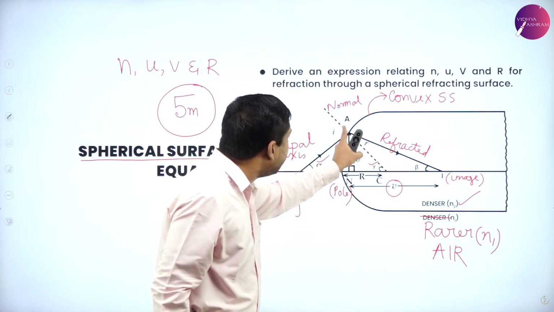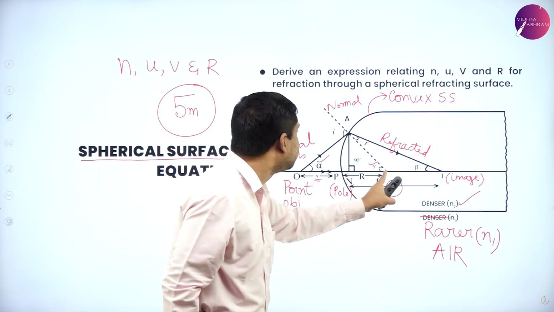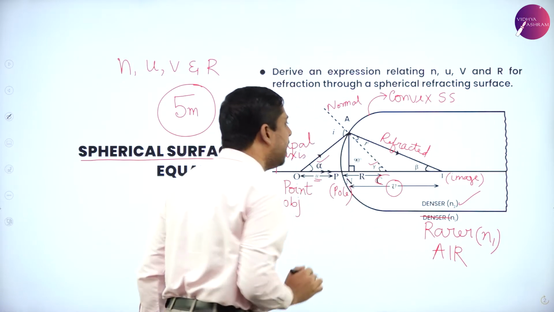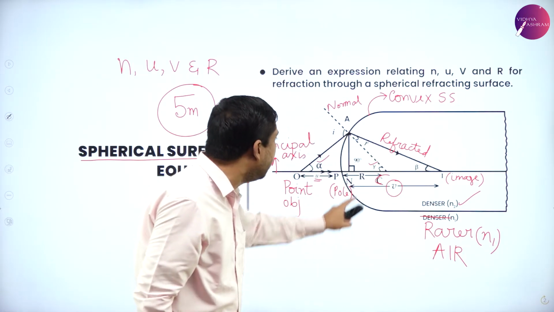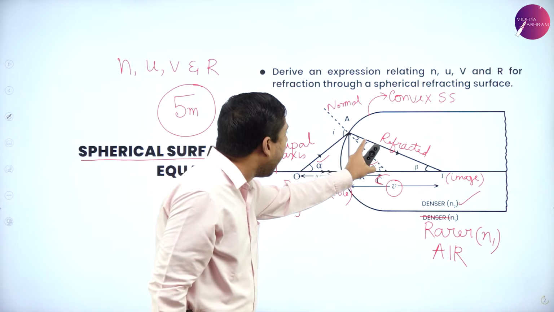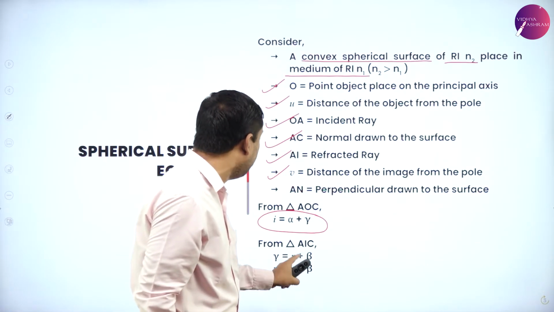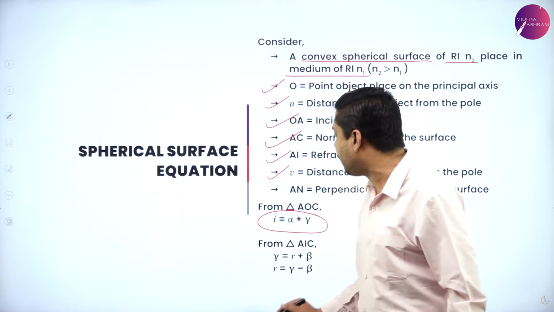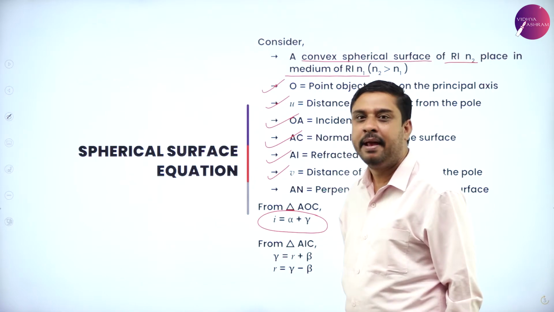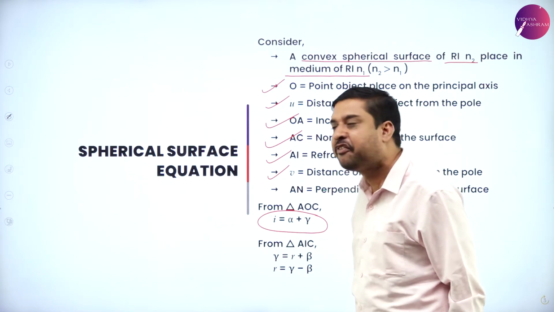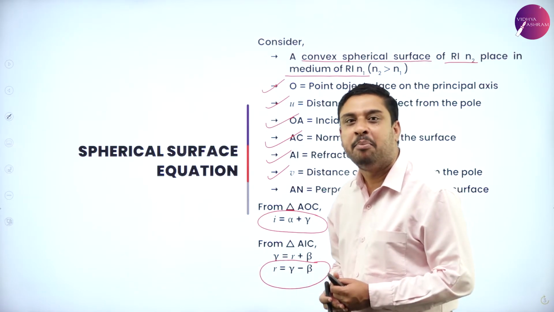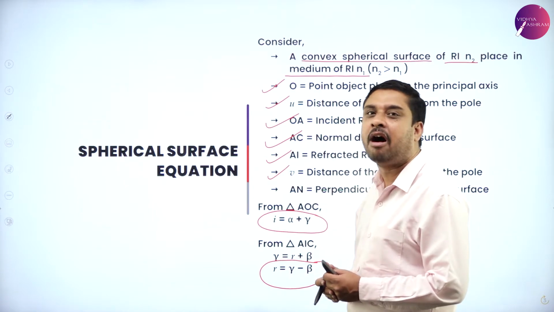And in triangle AIC, gamma is the exterior angle, so gamma should be angle r plus beta. But I want the angle of refraction, so r is equal to gamma minus beta.